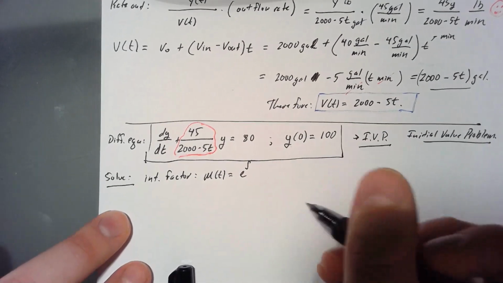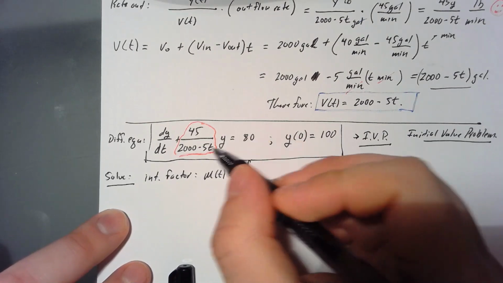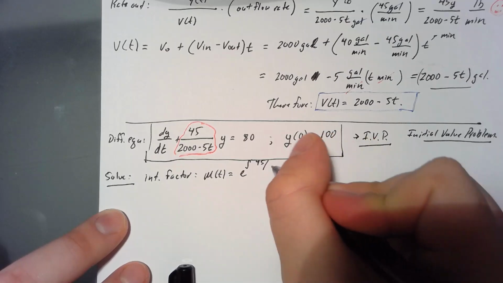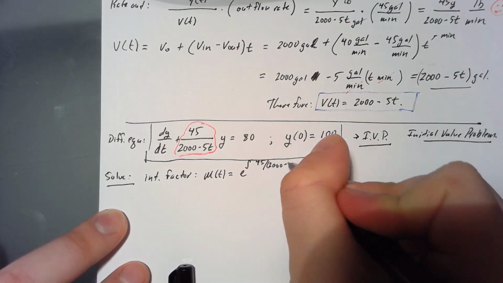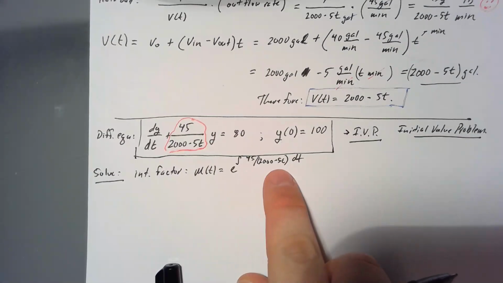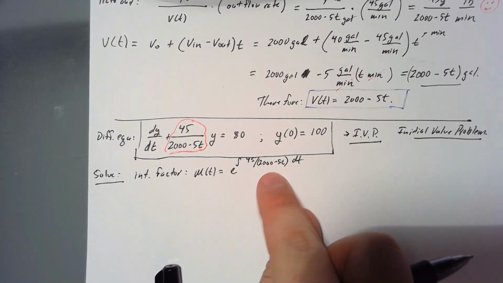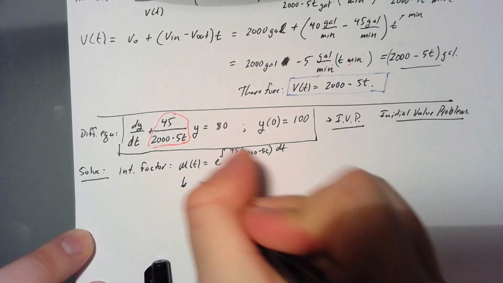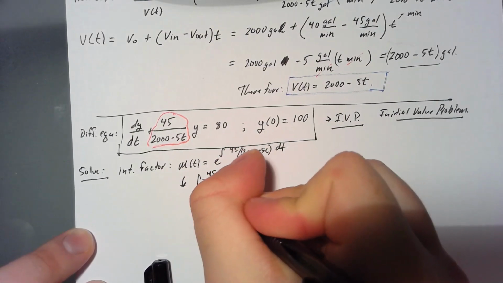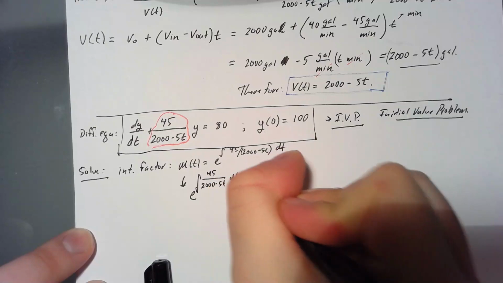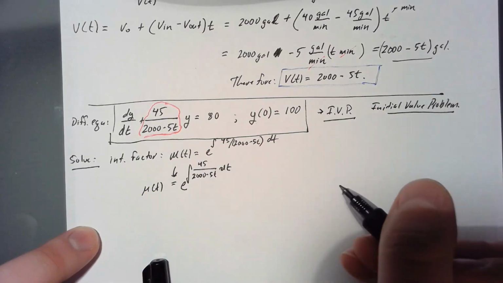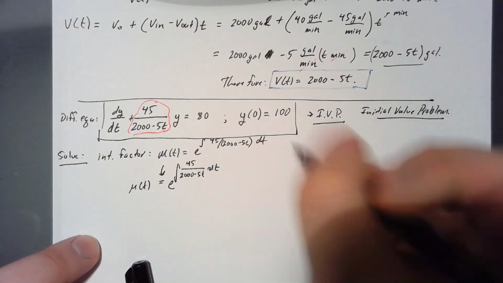So it's going to be e to the integral of that dt. This looks really messy, but that's what it is. So let's integrate this. That's the integrating factor, right? Okay, so how do we integrate this thing?